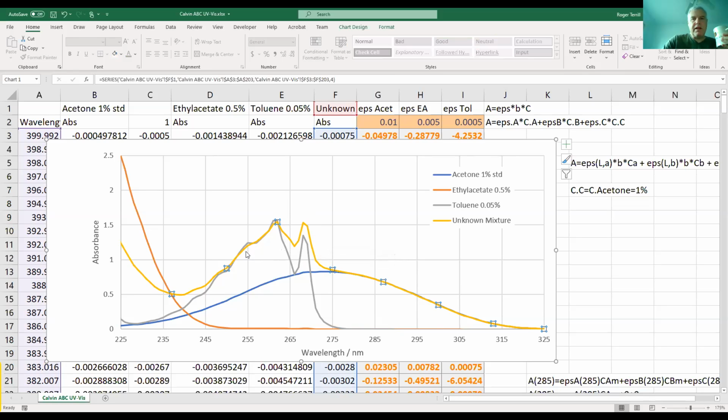Would it be this wavelength, or this wavelength? I don't know if you can see my stupidly small little mouse cursor, but there's this one where there's the sharp peak for toluene, or out here at 285, let's say. Right in the middle.